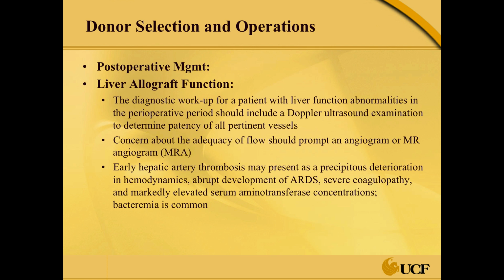Early hepatic artery thrombosis may present as a precipitous deterioration in hemodynamics, abrupt development of ARDS, severe coagulopathy, and markedly elevated serum aminotransferase concentrations, and bacteremia becomes very common. All right?